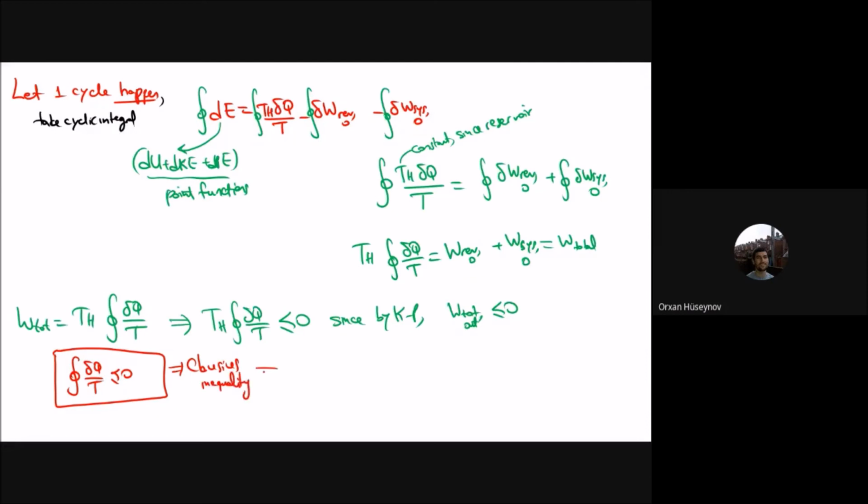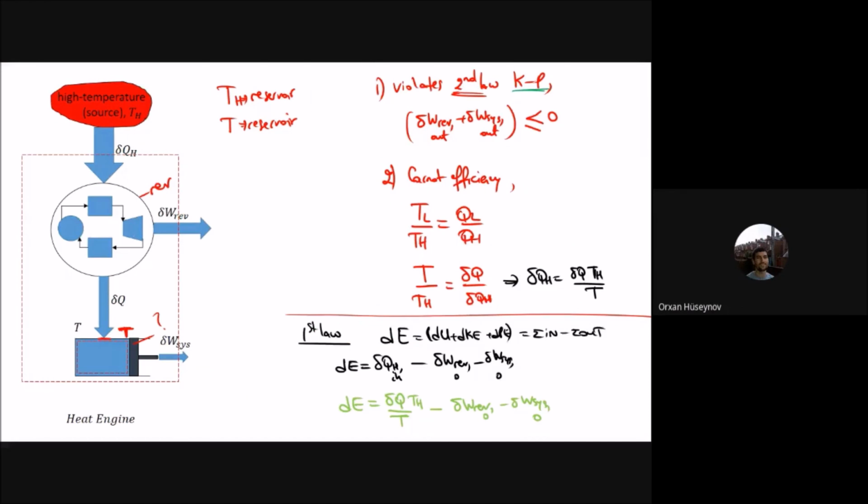Okay, and I will use one more approximation here. That approximation will be that I will let that system also be reversible. Okay, so this one was reversible, the first one. This one was reversible. Now I let the work of the system to be reversible.